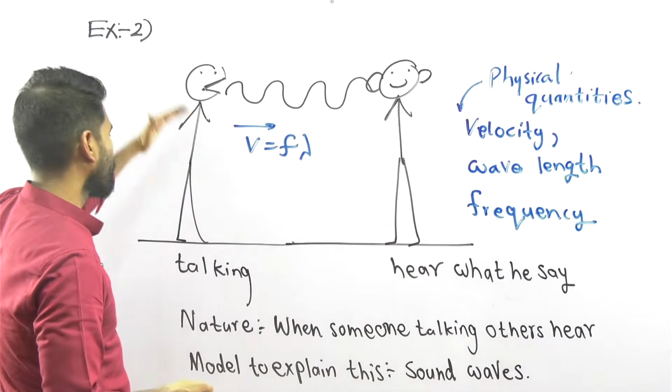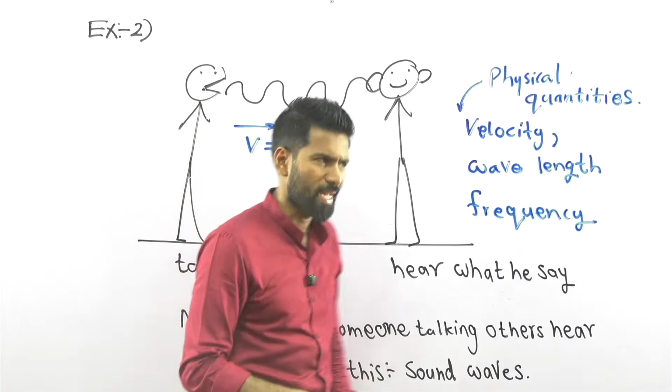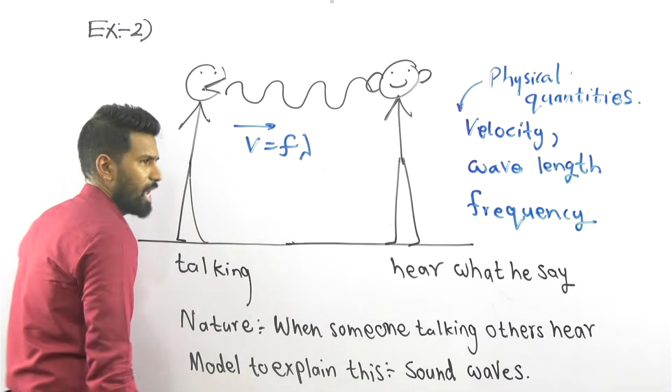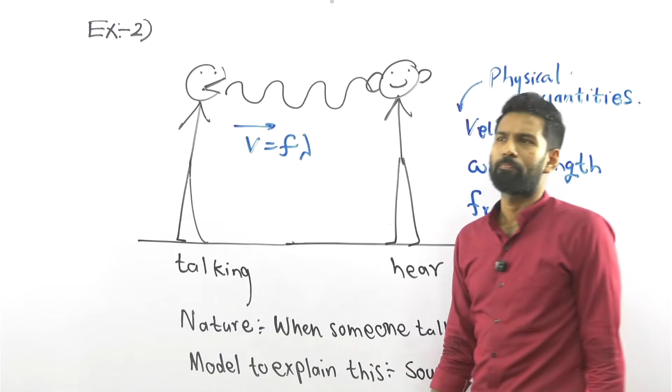Now I have given you two examples. After these two examples, write it down with a small star mark here. Write it.